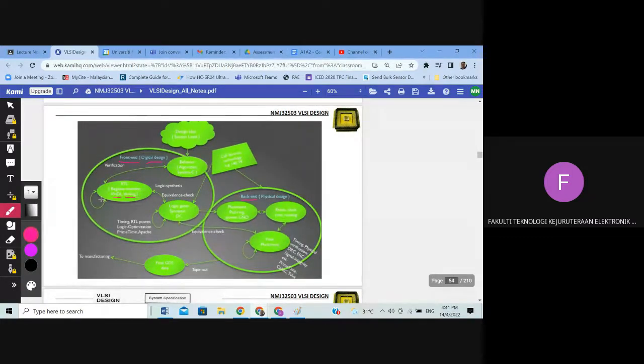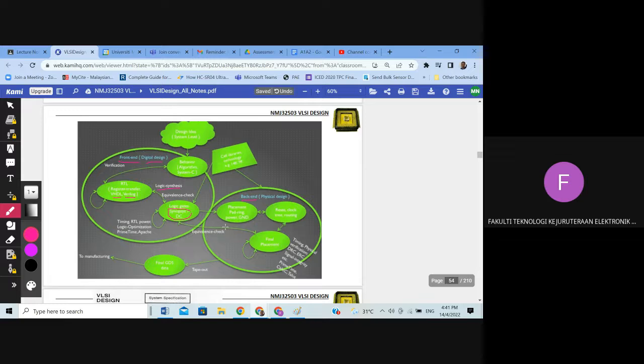These two are categorized under HDL, hardware description language. And then we will synthesize it; we will do logic synthesis to get an equivalent logic gate. This is normally done using Synopsys DC, or Design Compiler.